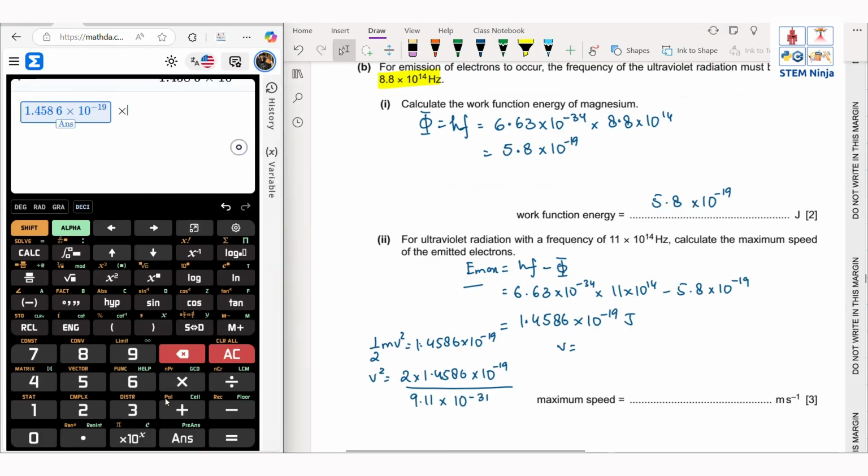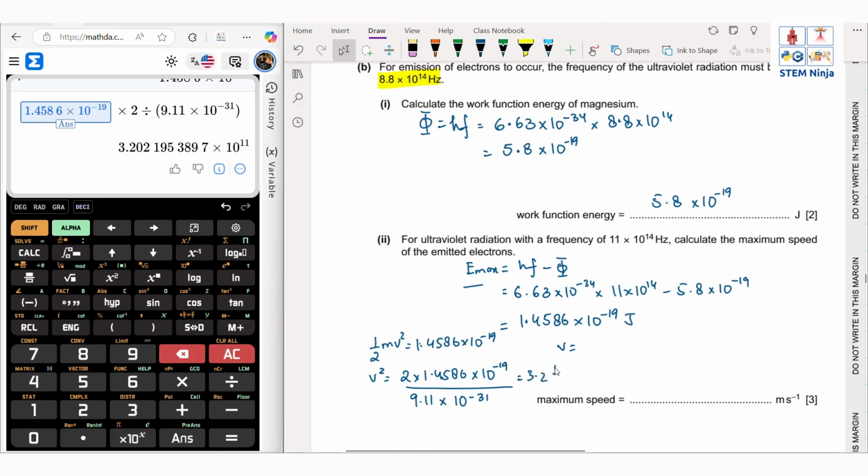So this times 2, divided by 9.11 × 10^-31, and we get 3.2.